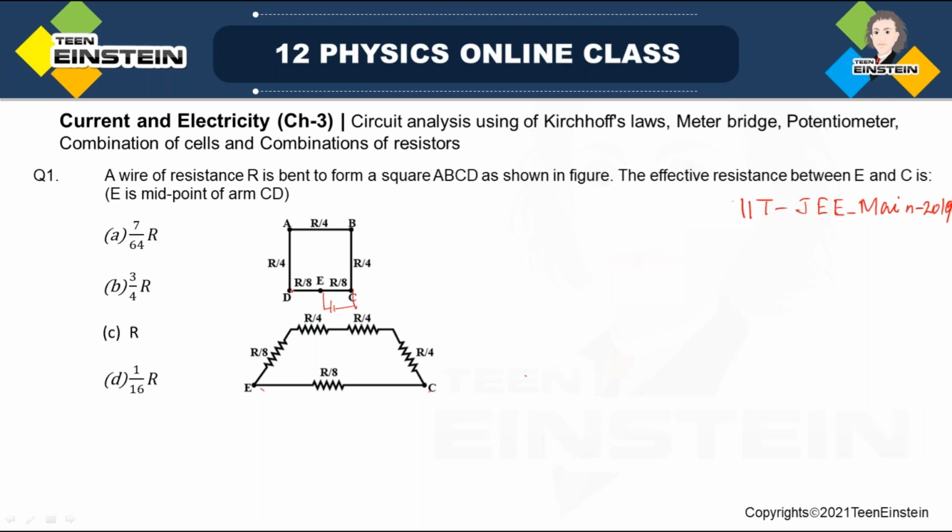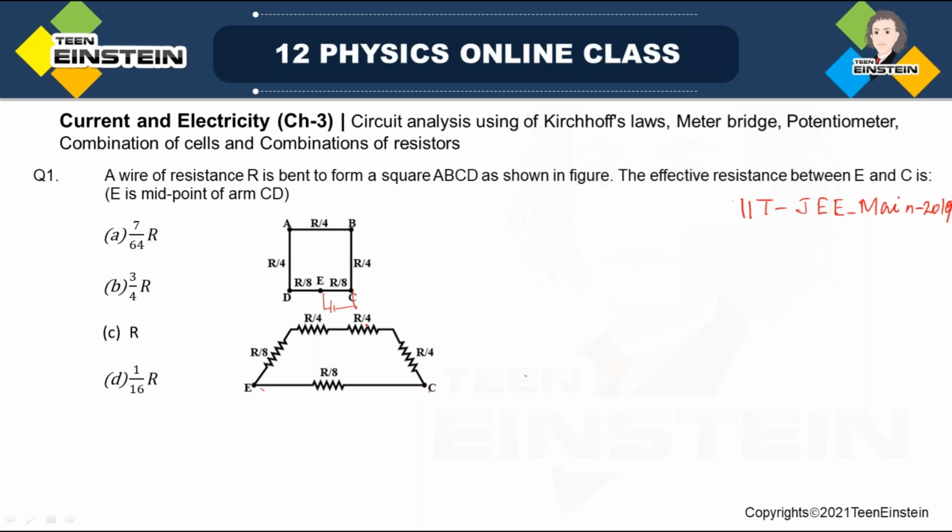If you connect a battery between these two E and C, see this particular part, that means DE, DA, AB, BC, they will be in series. The effective resistance of this whole part up to E to C, this side, E to D, D to A, A to B, B to C, these are in series.